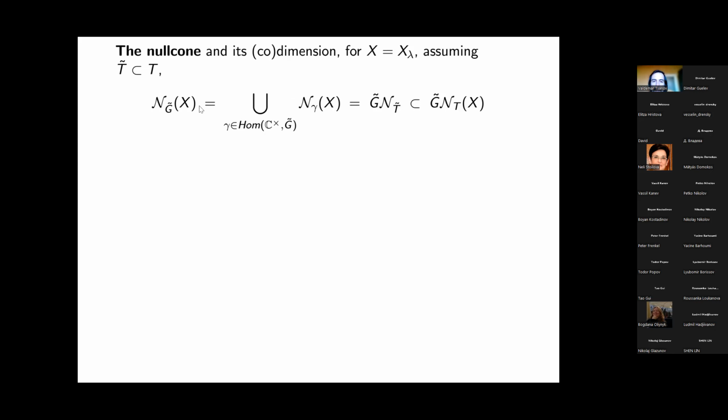And hence, the null cone with respect to G is equal to G times the null cone with respect to T tilde. But then since T tilde is inside T, I can include this in here, in the null cone of X with respect to T.